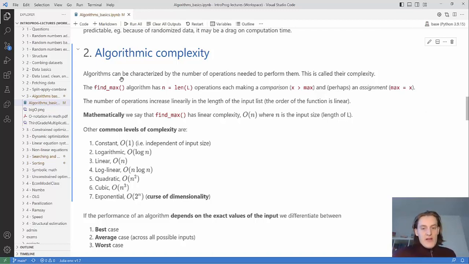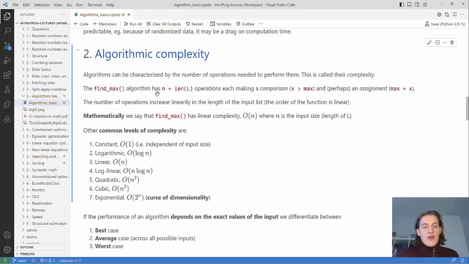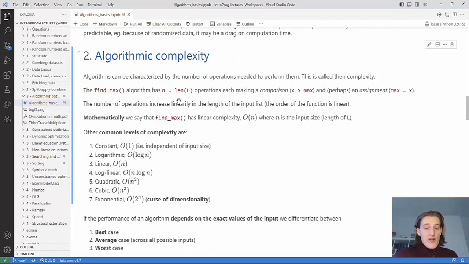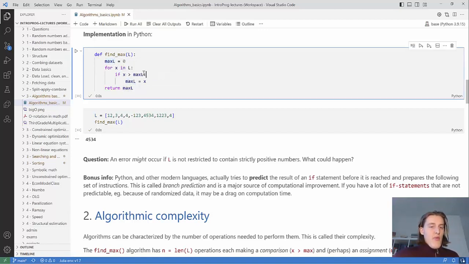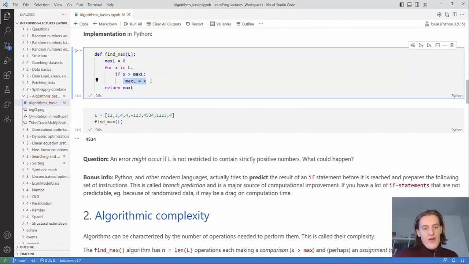So for example, the find max algorithm does n operations, where n is the number of elements in the list, and technically it can possibly do 2 times L. So the operations counted here is just this comparison, and then you have an assignment if x is larger than maxL, but that will not always happen.